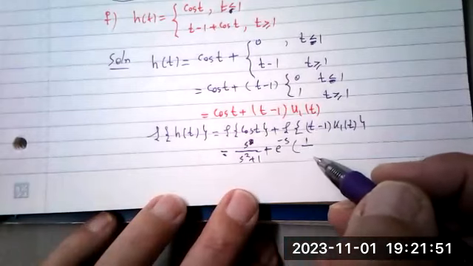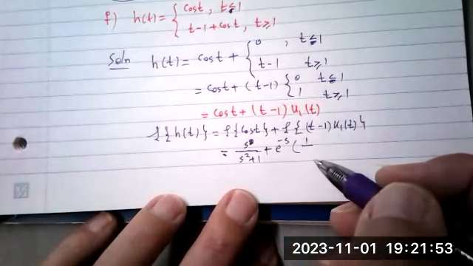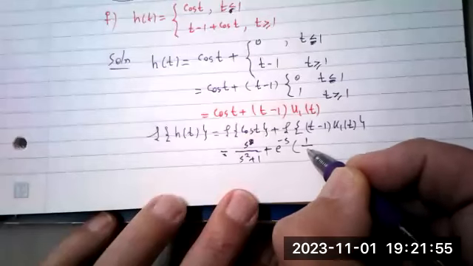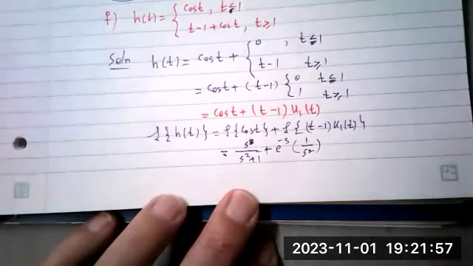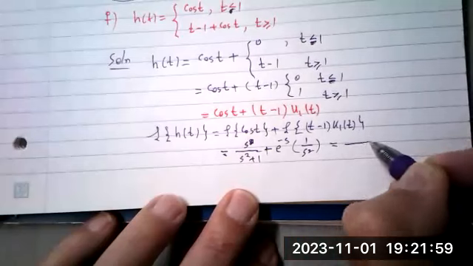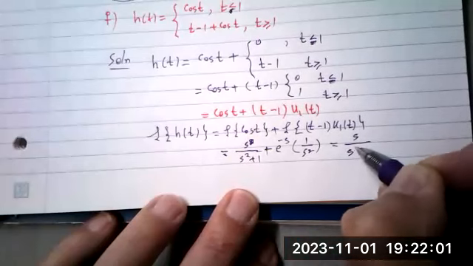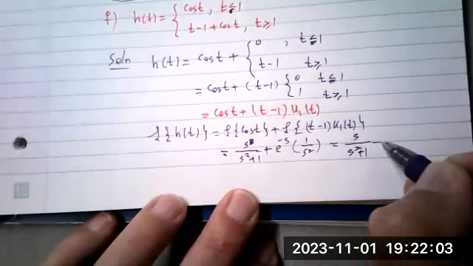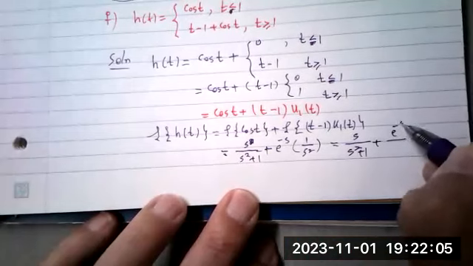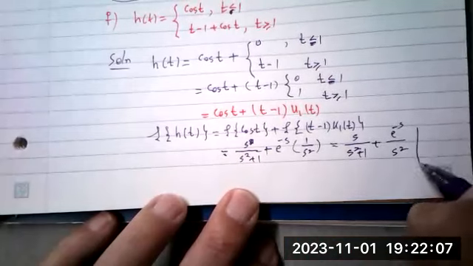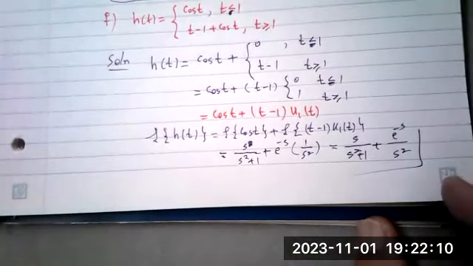Yeah, n is 1, n factorial over s to the n plus 1, s squared. So the final answer is s over s squared plus 1 plus e to the negative s over s squared. So that gives you the final answer.